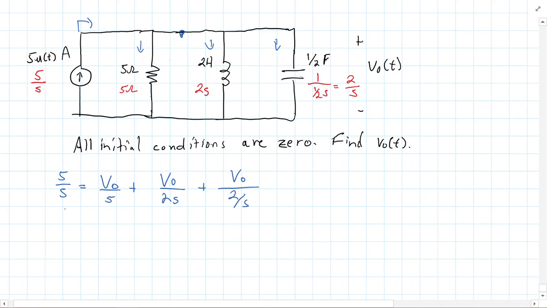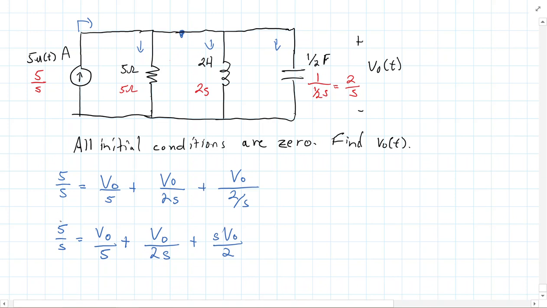I'm going to rewrite this expression. 5 over s is equal to V out over 5. And be very careful of your 5's and s's, especially if you're doing an exam or something. My habit has been that I can sometimes get my 5's and s's confused because I'm being quick in writing things out. But this term here, when I have V out over 2 over s, I could rewrite that as s times V out over 2.